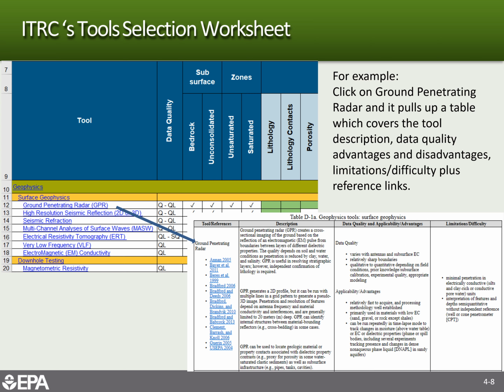You click on that and it gives you the description of the technology, the data quality and applicability and advantages, plus the limitations and difficulty. For this subject, there are 10 references that you can pull up and learn about ground penetrating radar. I think there are nearly 100 of these when you look at them on the website.